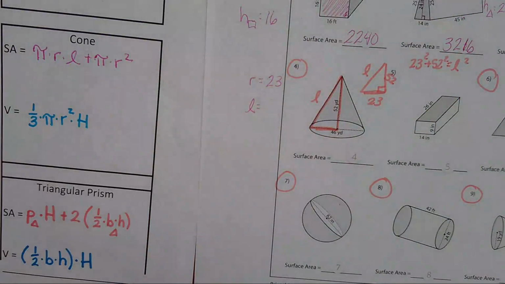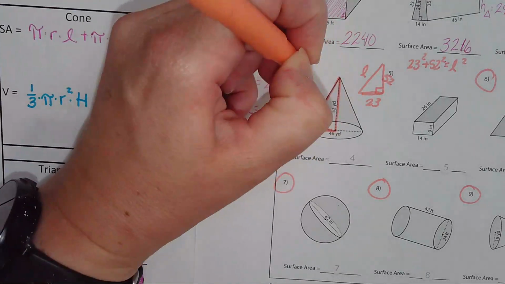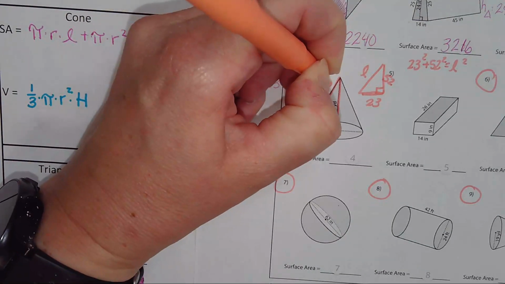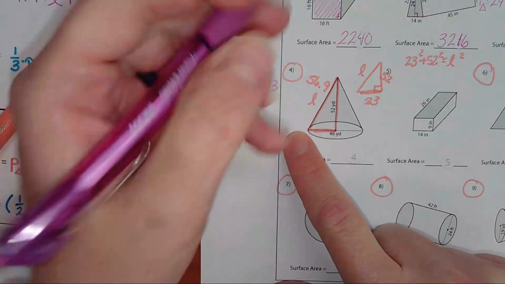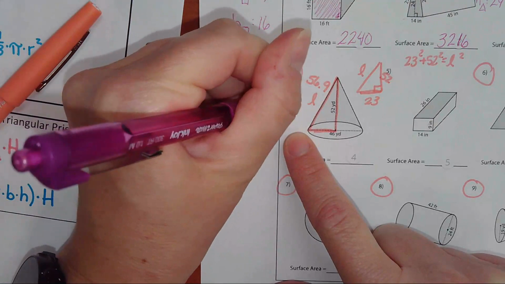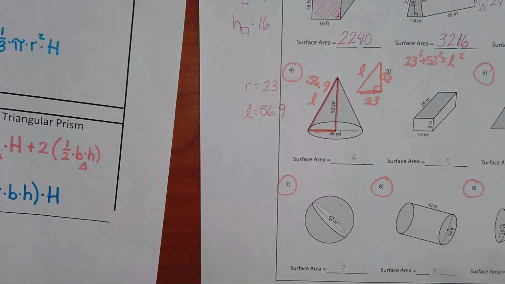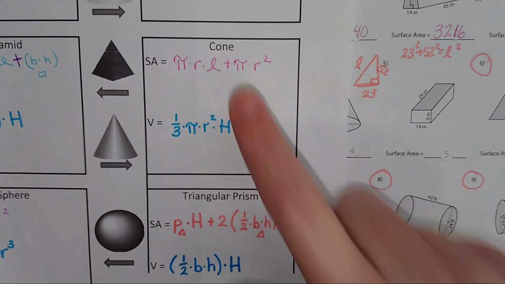I'm going to kind of shortcut this because we have been doing Pythagorean theorem now for a long time, and you would find your slant height to be 56.9.